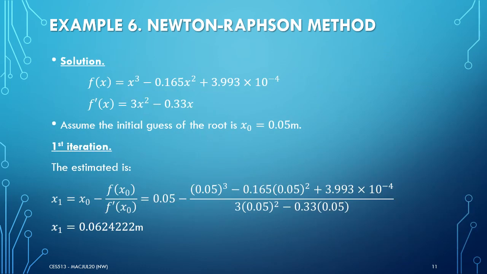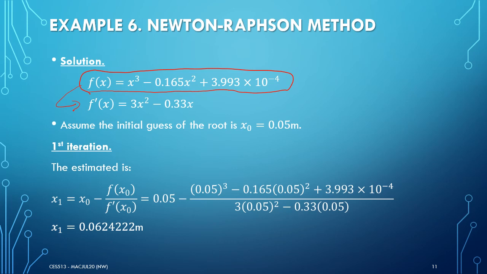Okay, for the solution, first of all, we need to evaluate the first derivative of this function f(x) to get f'(x). After differentiating, we get f'(x) equal to 3x^2 - 0.33x.